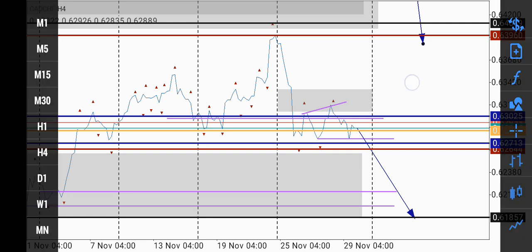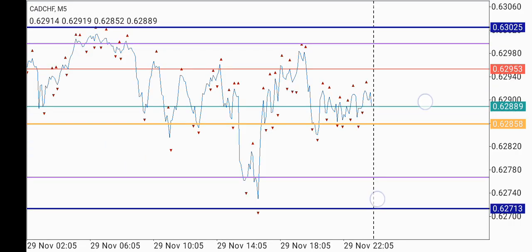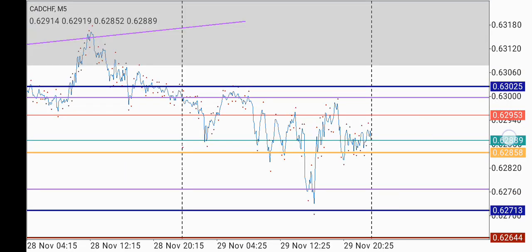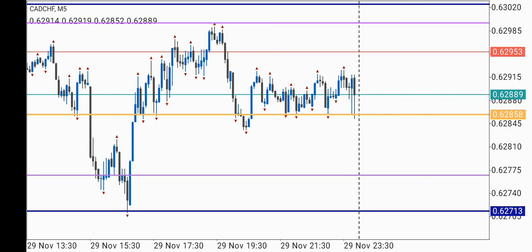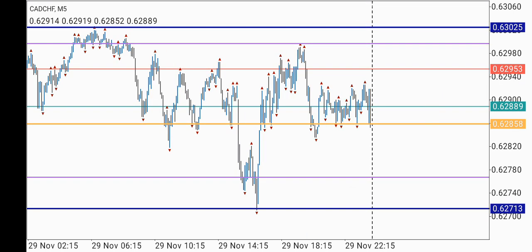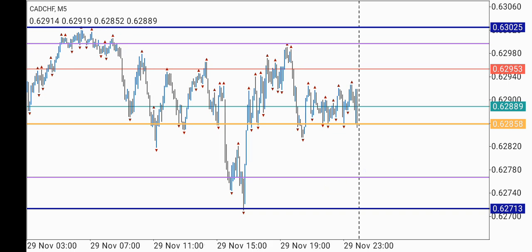So after this 4-hour, I'll go to my 5 minutes for entry. So what happens on this 5 minutes matters a lot. So I advise everyone to use Monday. Do not rush into the trade. Just use Monday to get a confirmation.